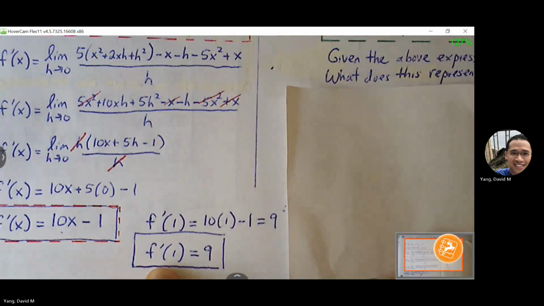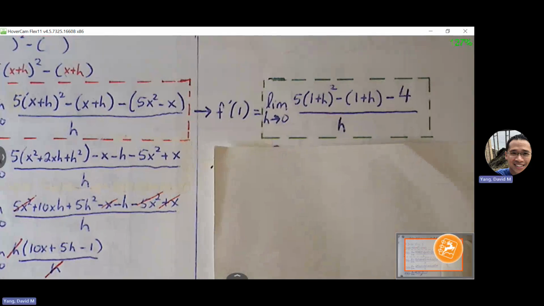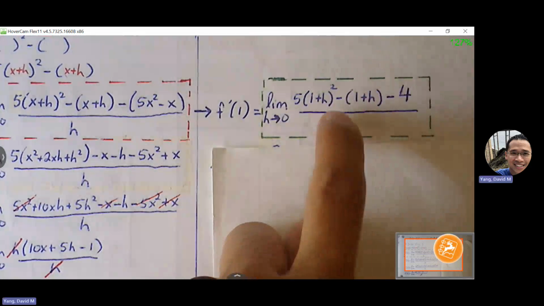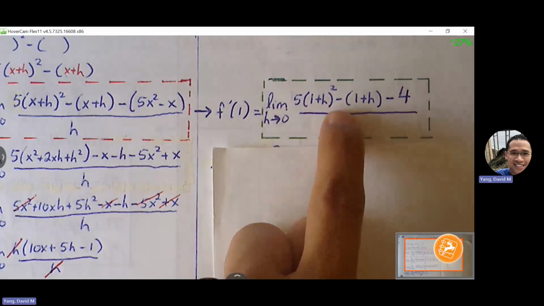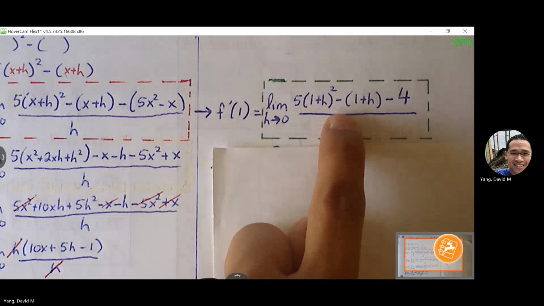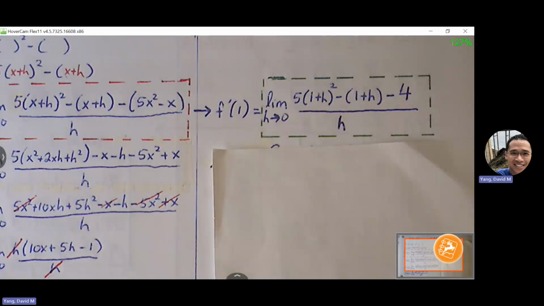The question is, if you saw this, would you be able to know what function it is coming from, and what this is trying to do? We know that 1 plus h is coming from x plus h, which is coming from x.